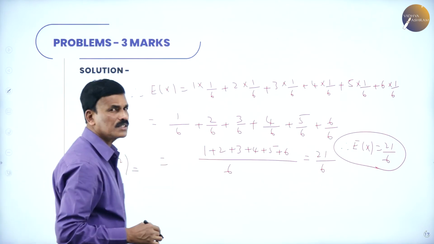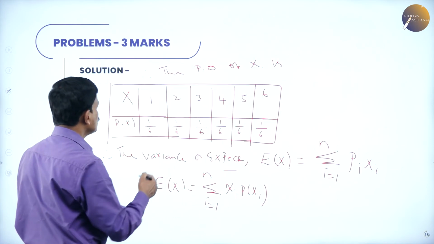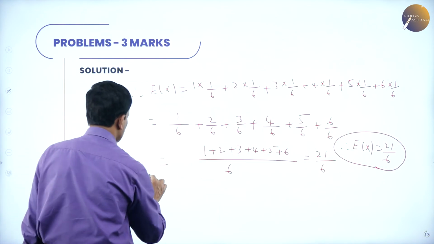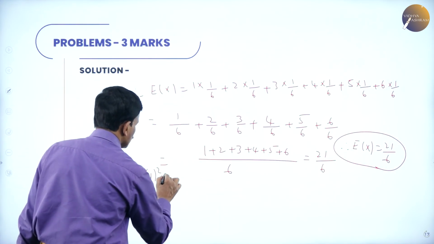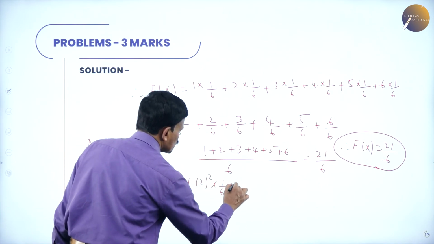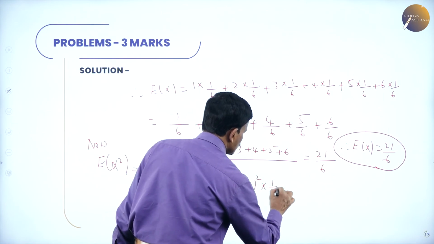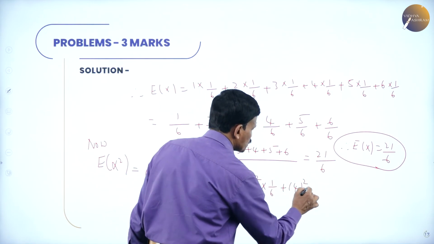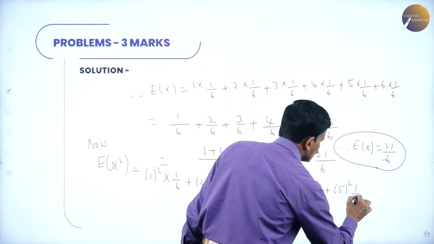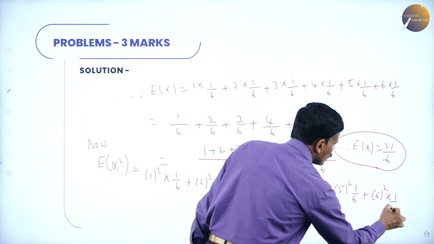Now find out the value of E of x square. Again, this is the square of this: 1 square into 1 by 6, 2 square, and so on. That is nothing but 1 square into 1 by 6 plus 2 square into 1 by 6 plus 3 square into 1 by 6 plus 4 square into 1 by 6 plus 5 square into 1 by 6 plus 6 square into 1 by 6.